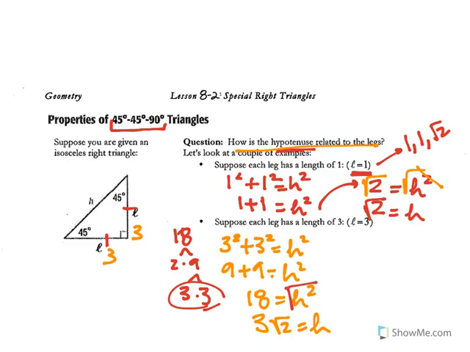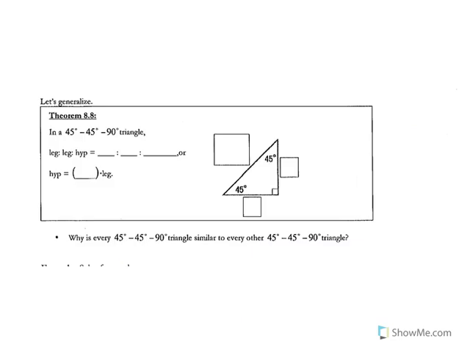Oh, I forgot to show that you square root both sides, but I think we were all on the same page, right? Square root to get rid of a square. All right, so then in this example, if each leg is 3, I've got 3, 3, and I've got 3 root 2.